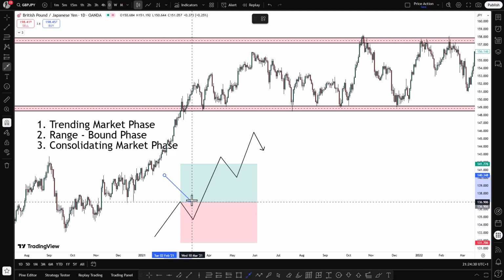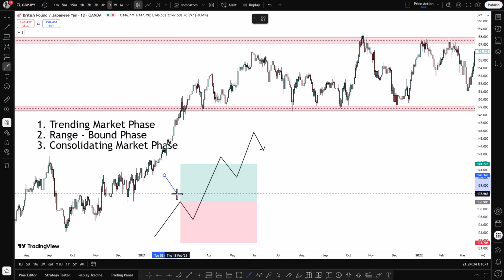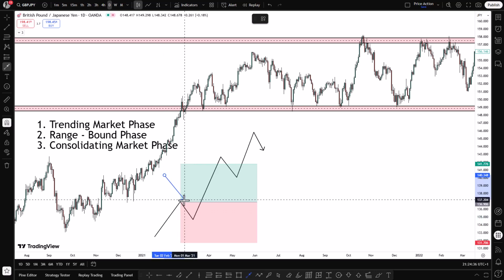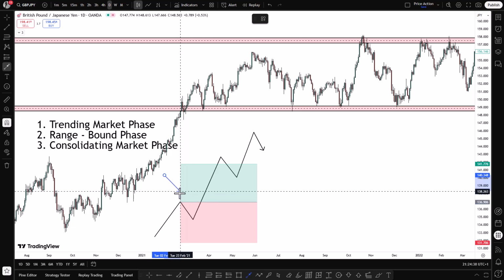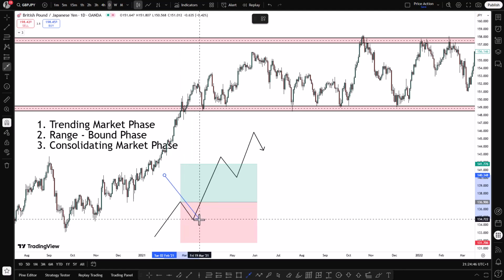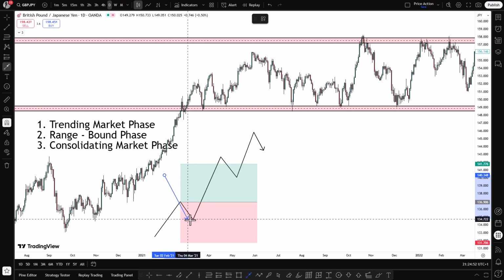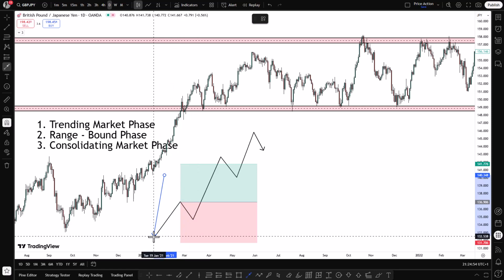When price moved from this low to form this high, eventually it bounced off this resistance area because it couldn't move any further, and then it pulled back. Now this pullback is a low, but we call it a higher low because when you compare the level of this pullback to the previous low, the origin low, you're going to see that this low is actually higher than this low.